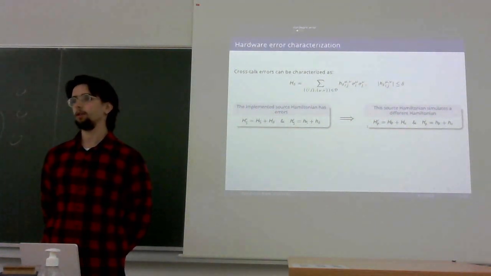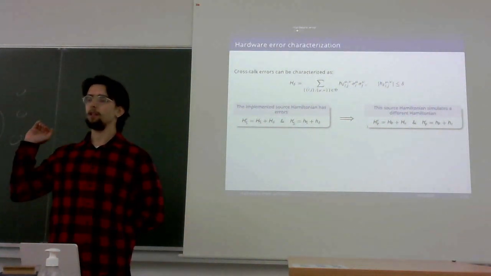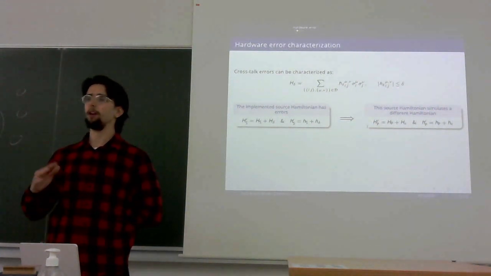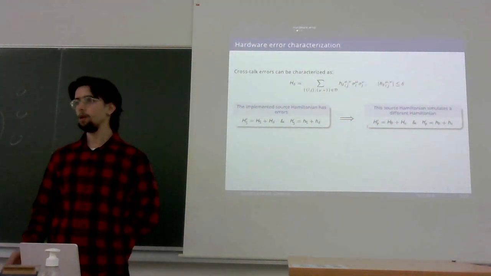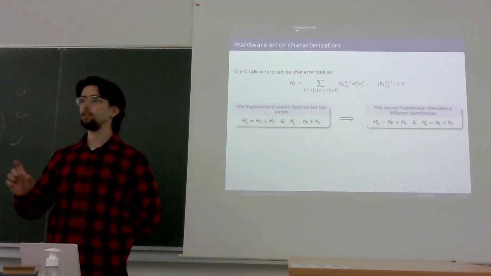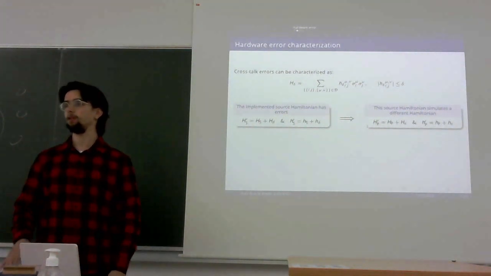For example, in ion traps, when you're applying the Z direction, you get unwanted XX crosstalk.